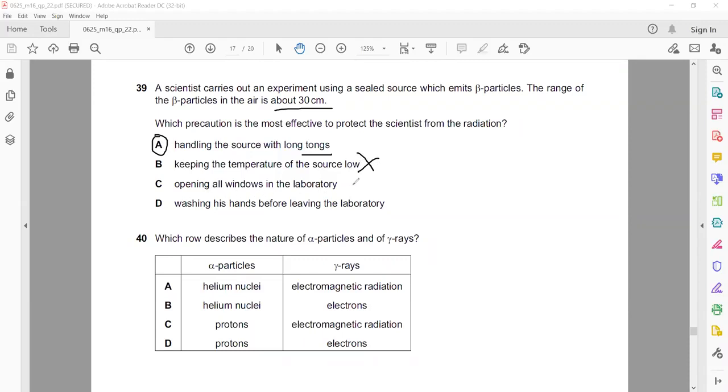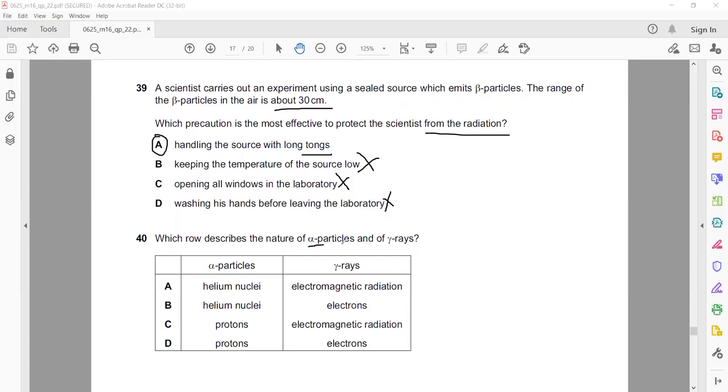Opening all the windows in the lab does not affect the amount of radiation coming from the source. Washing his hands before leaving the lab is another option, but the most effective precaution is that he should not be directly exposed to the radiation, so he should use the long tongs so that he will not be exposed.